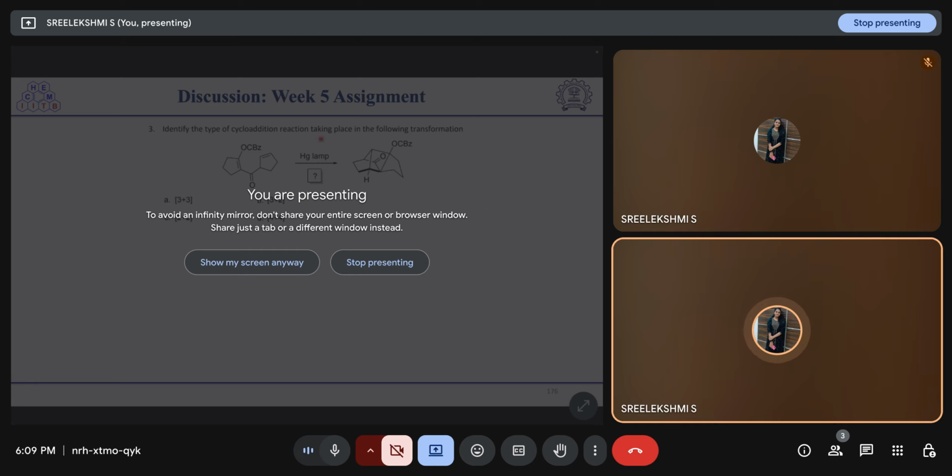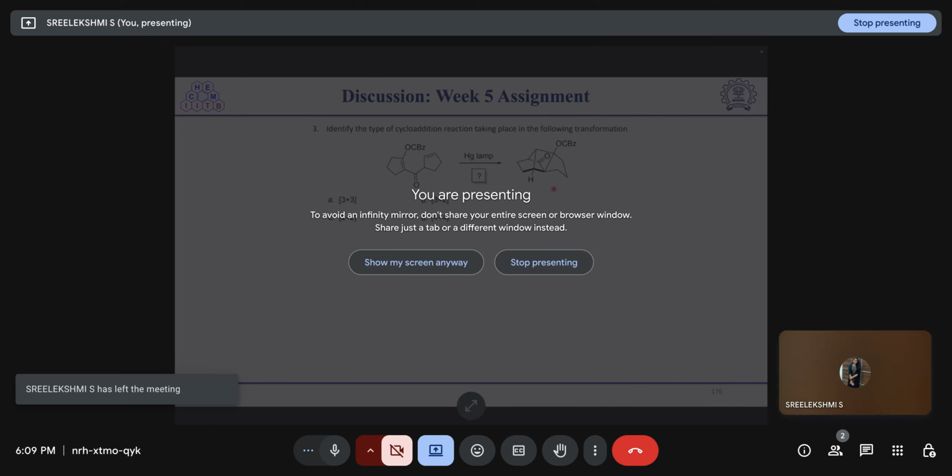Now the next question: identify the type of cycloaddition reaction taking place in the following transformation. So this compound, upon exposure to a mercury lamp, we are getting this compound.